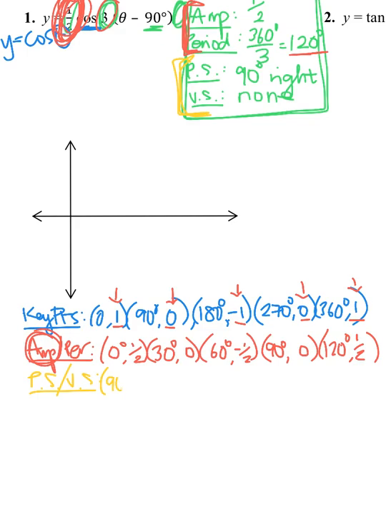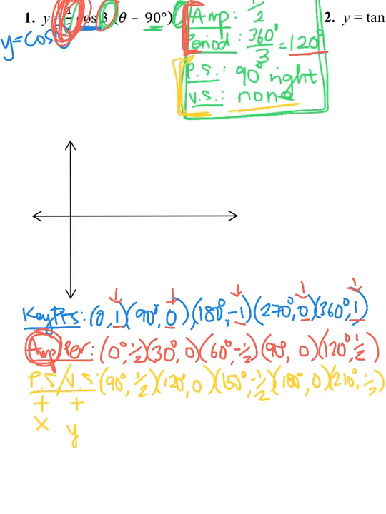So I get 90, 120, 150, 180, and 210. I'm adding to my x coordinates for that phase shift. And for the vertical shift, I would add to the y coordinates, but because my vertical shift is none, I just maintain the same y coordinates that I have from before.